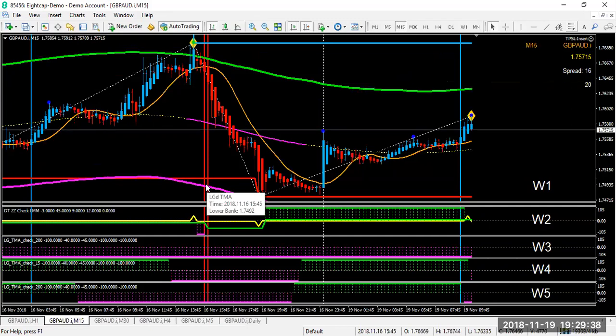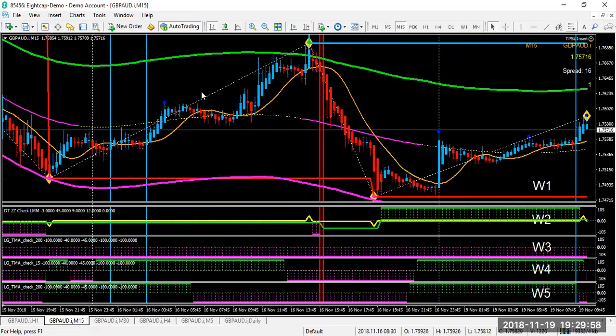When we're marking out these things, you'll find that the majority of the times they do. And on its way, if it doesn't get there, it'll give you a blue diamond alert. If it's got a dotted line, you exit.